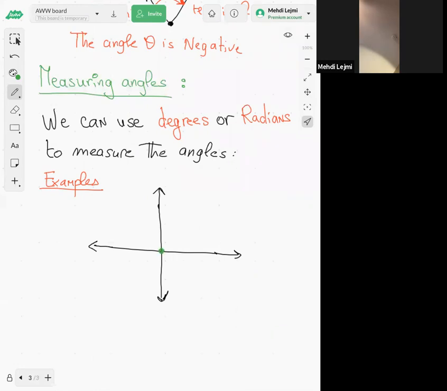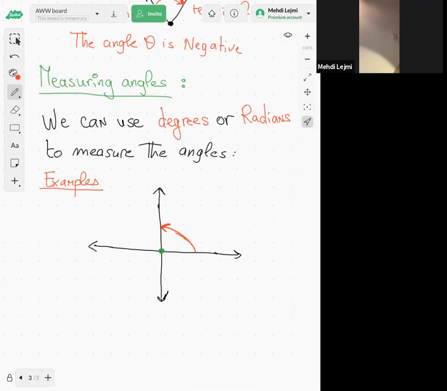If you go from this side to this one here, we have a right angle, counterclockwise, so it's positive.